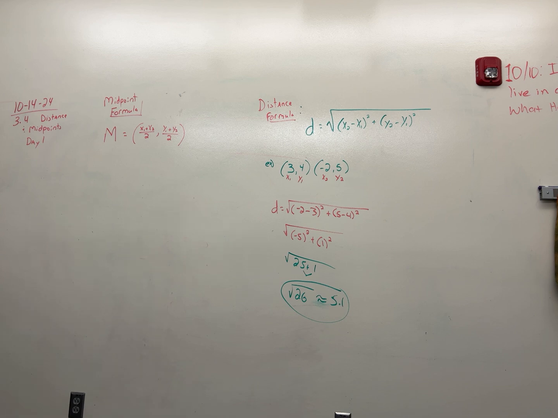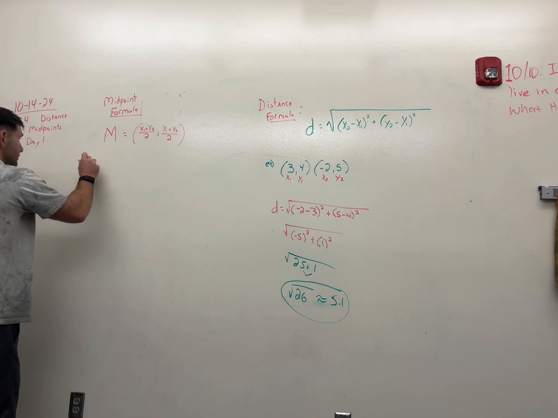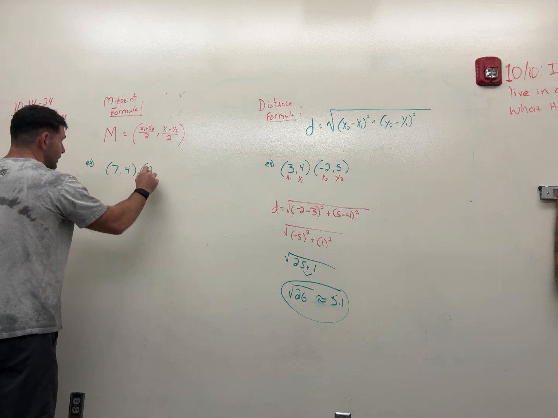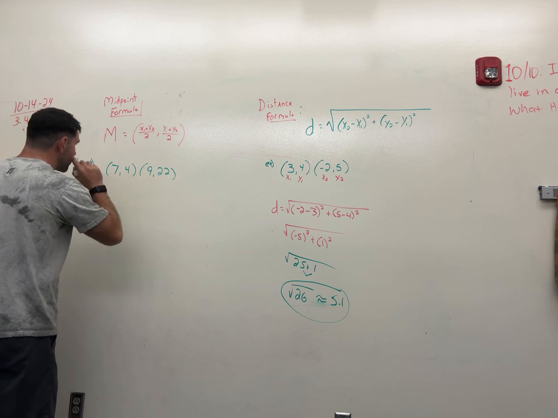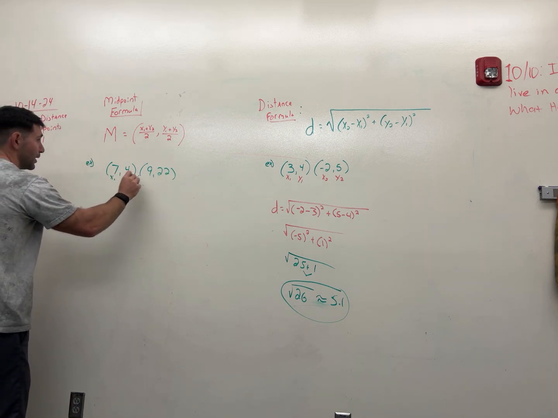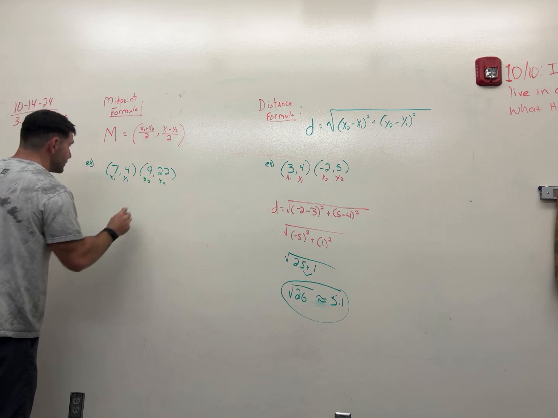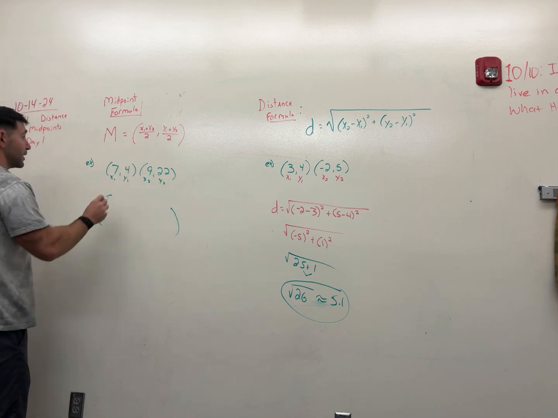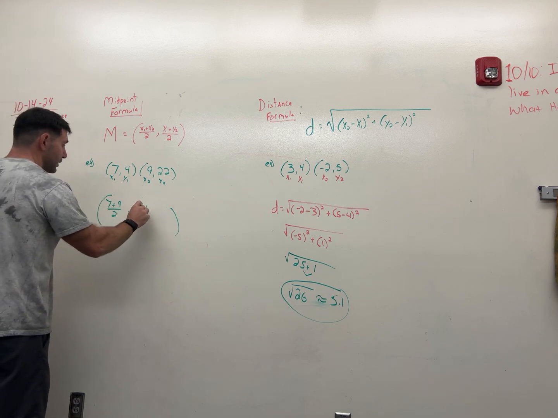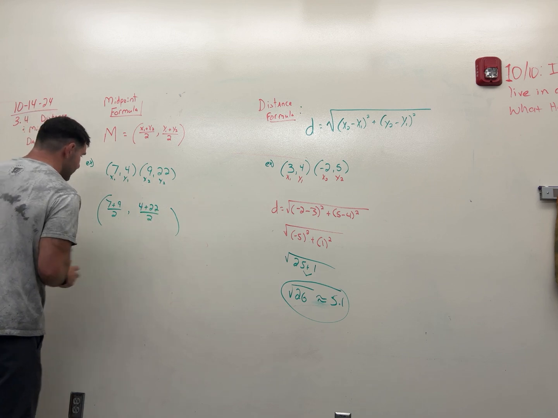Can you get decimals for a midpoint? Absolutely. So here we go. We've got 7, 4, 9, 22. So first off, x1, y1, x2, y2. We have 7 plus 9 divided by 2, comma, 4 plus 22 divided by 2.